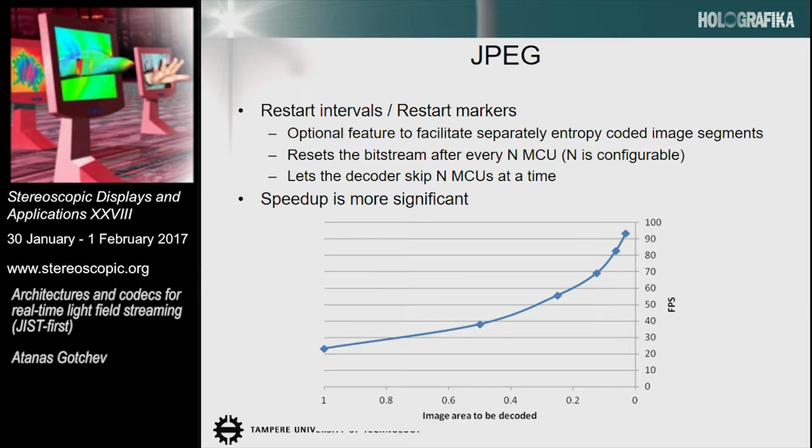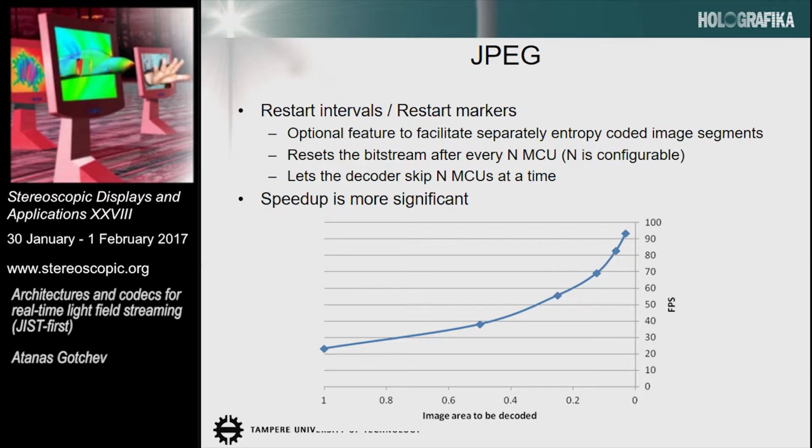However, we can utilize another instrument in JPEG called restart intervals or restart markers. We can stop the entropy coding at n units. So instead of having the whole picture in one entropy encoded stream, we can partition it into several streams.